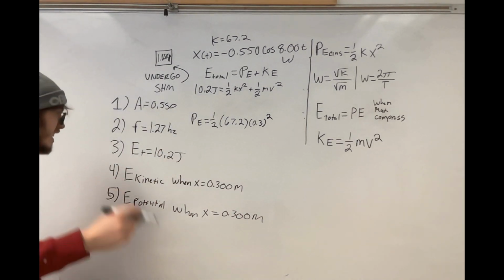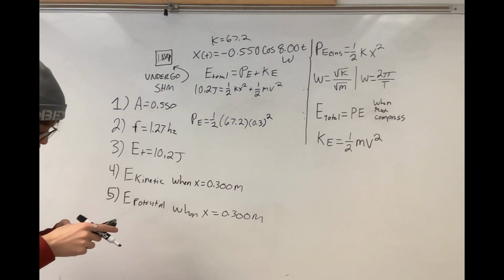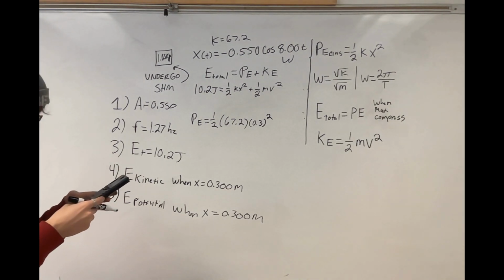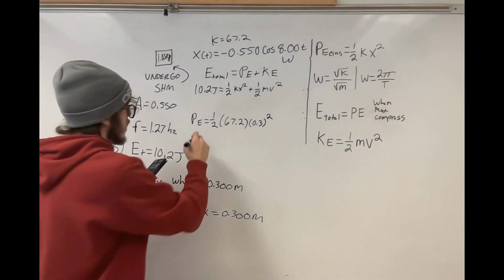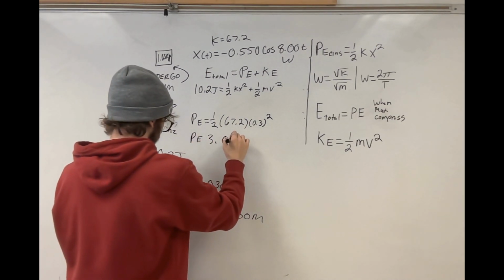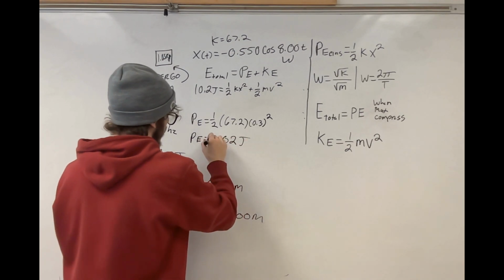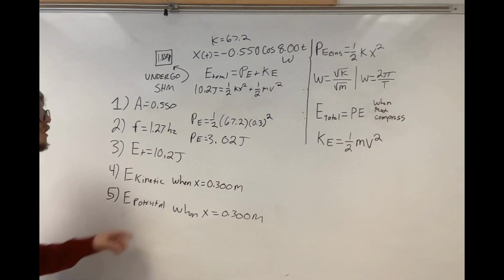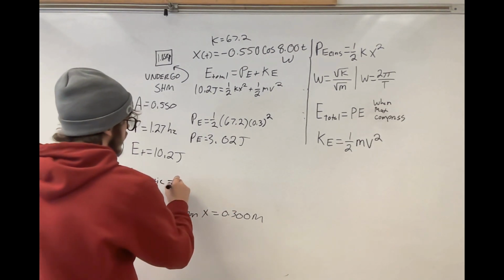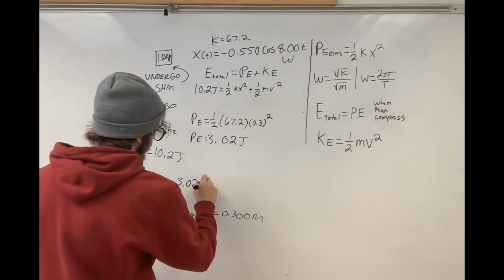So the potential energy here is 1/2 times 67.2 times 0.3 squared. Potential energy is thus equal to 3.02 joules.